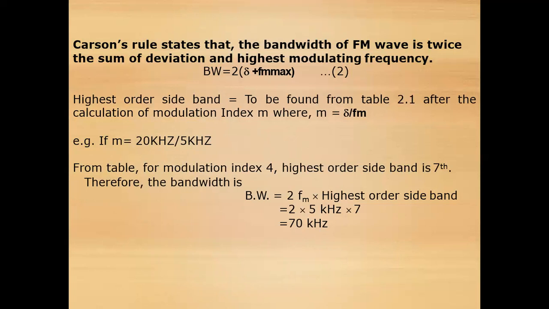So it equals 2 into delta f, the frequency deviation, plus fm, the maximum frequency. So this is the actual Carson's rule bandwidth of FM.